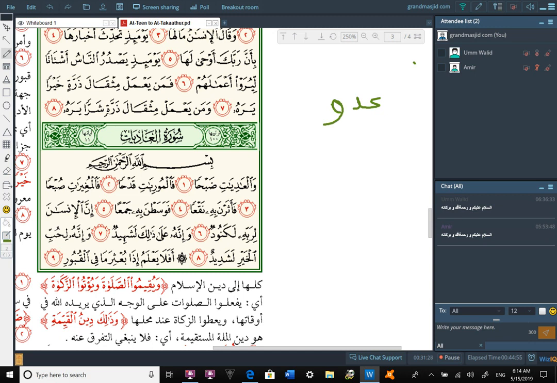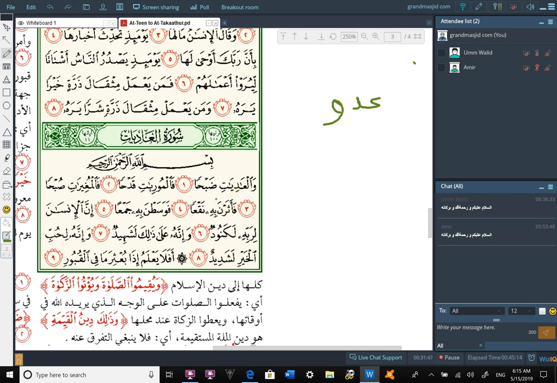By the steeds that run, or the running steeds. So this is the name of the surah of those horses that are running, those galloping studs or horses. Bismillahir Rahmanir Rahim.